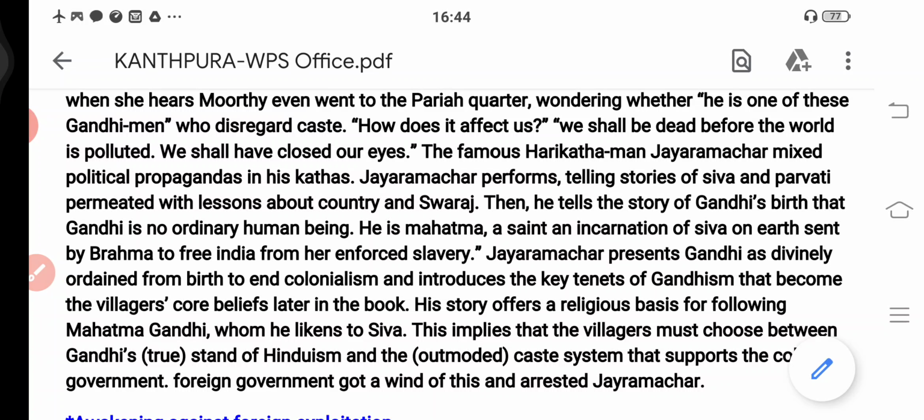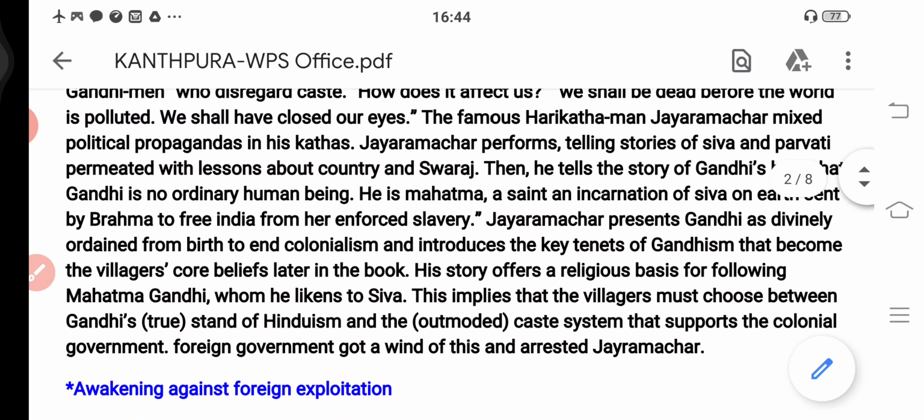And he also, in his stories, in his tales, introduces the tenets, the basic philosophy of Gandhi's way of fighting the British. His story offers a religious basis for following Mahatma Gandhi, whom he likens to Shiva, because he knew very well that these religious people can be swayed only through religion and tales of gods and goddesses.